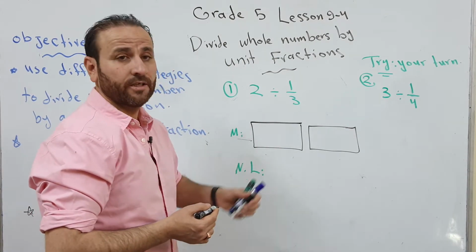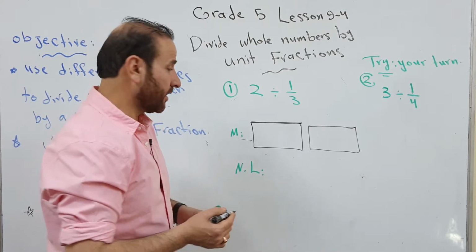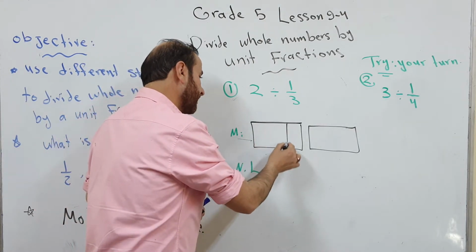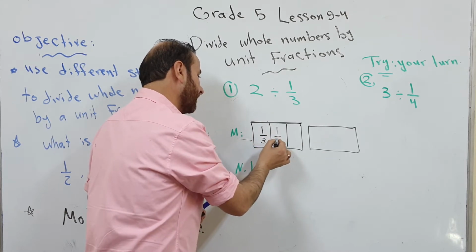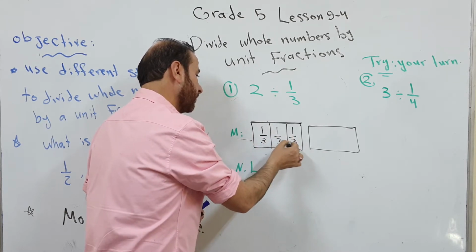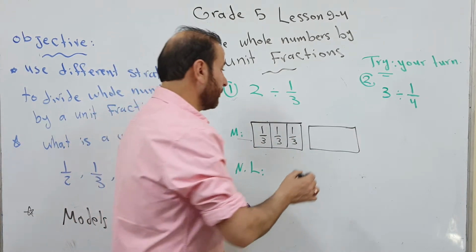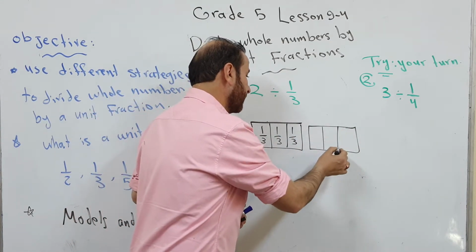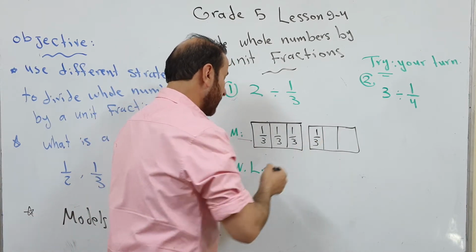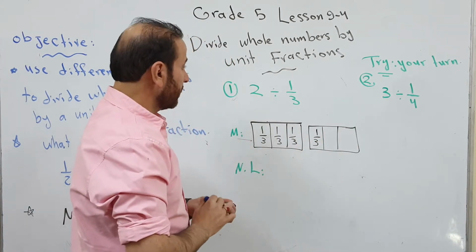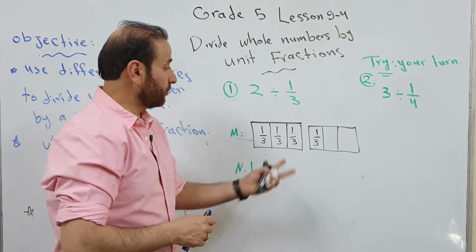I will divide each one of them into 3 parts because the question asks about thirds. So this part is 1 over 3, and this 1 over 3, and this 1 over 3. The same will be applied for the second whole. So if you look now, how many 1 over 3s are in 2 wholes?